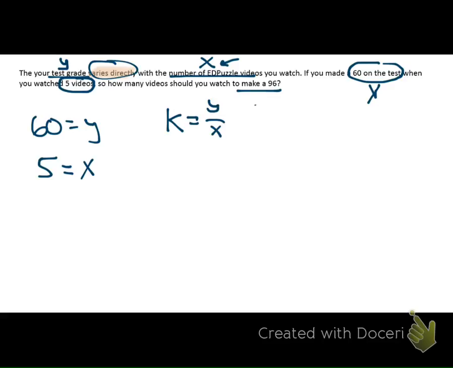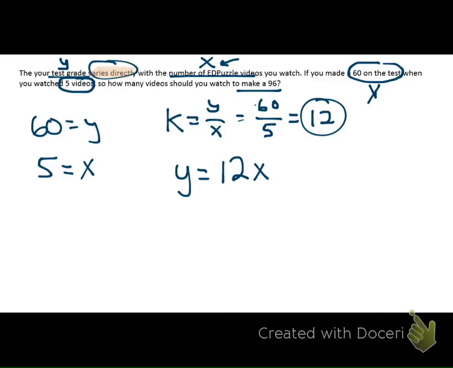I know y is 60 when x is 5, and if I divide that, I see that k is 12. Since I know that k is 12, that leads me to my equation, y equals 12x. I know it seems like I'm hitting you with a lot, but really it's just the y divided by x that we've been working on.